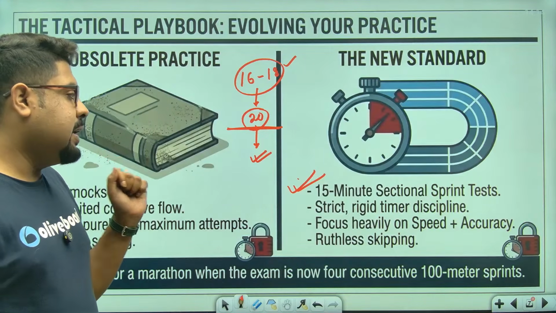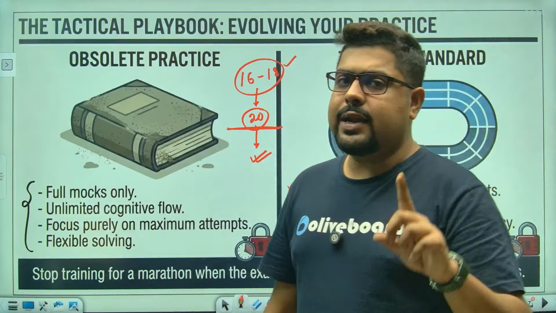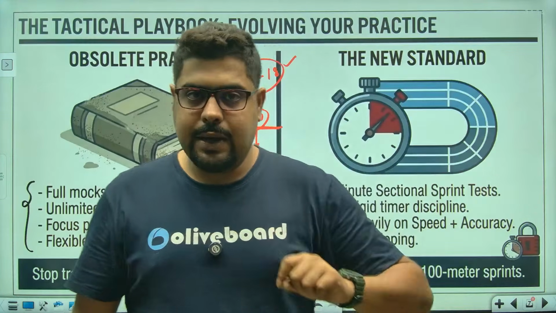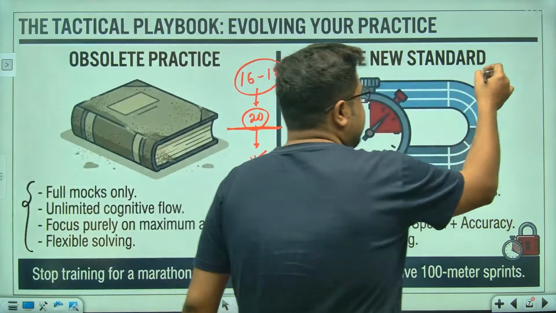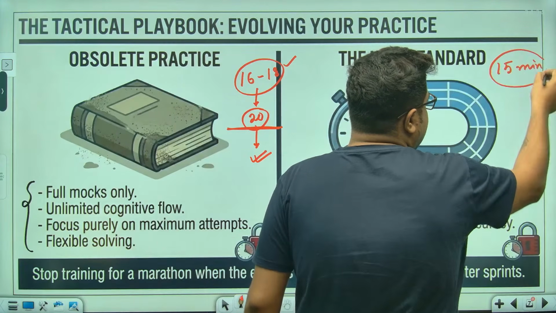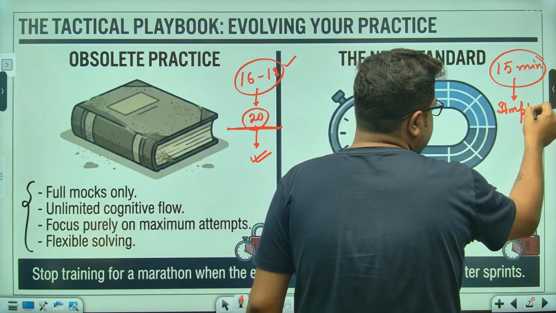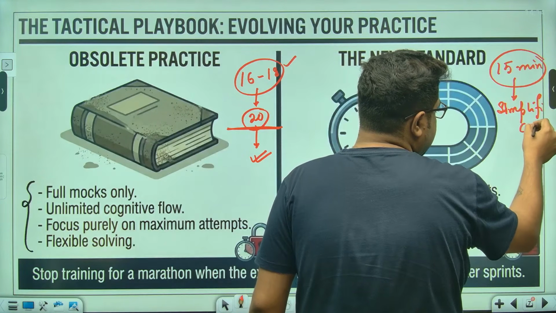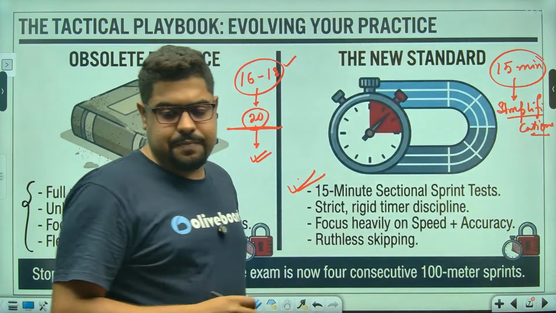Clear? Now, one more thing I'll definitely recommend for quant. Leave aside everything. Every day, take out 15 minutes of your time and practice simplifications. This is something I'll recommend each and every one of you.